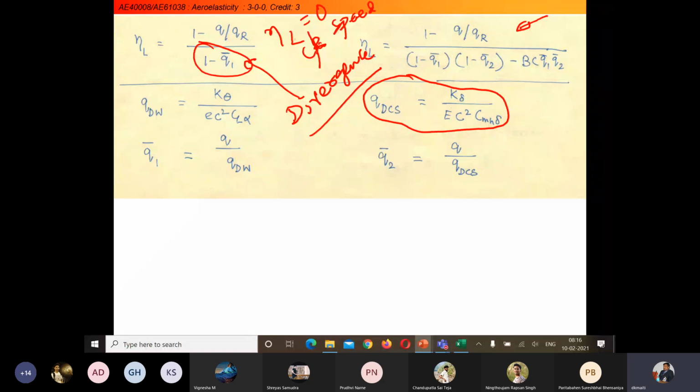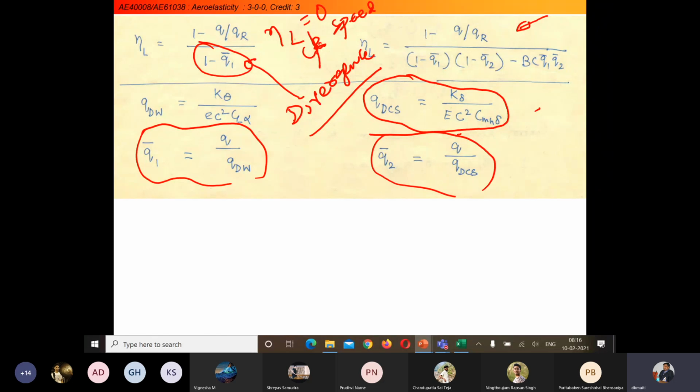Physically it does not have any meaning. It is K delta divided by E c square CMH delta, and then we have the values Q1 bar, which is Q by QD wing, and Q2 bar, which is Q by QD control surface. These are the parameters with K delta finite and K delta infinite.